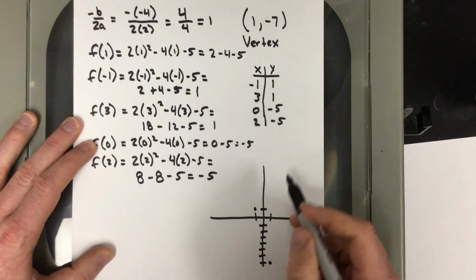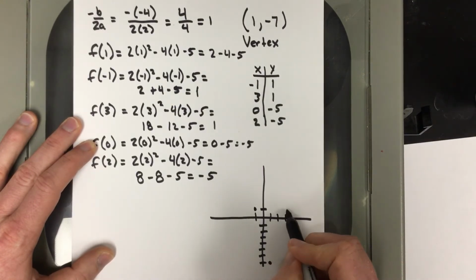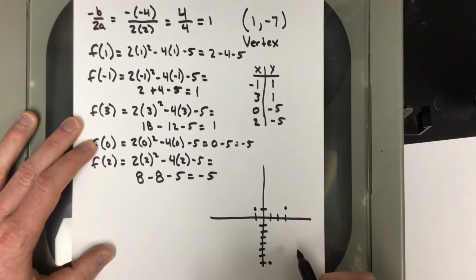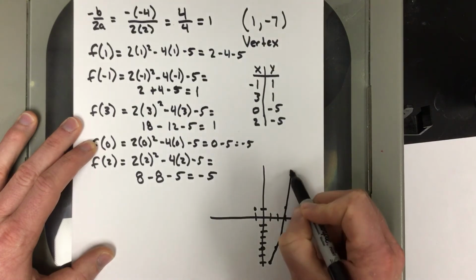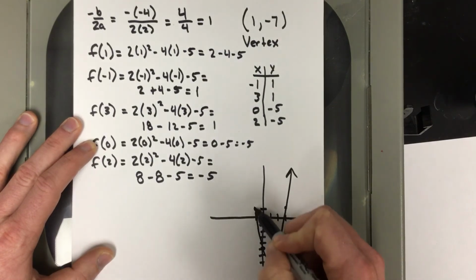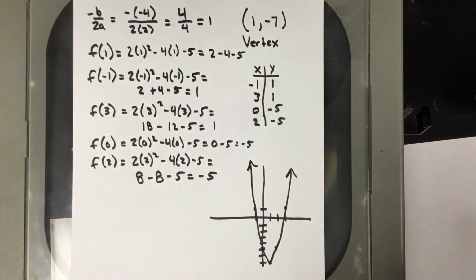I've got 3, 1, which is right here. I've got 0, negative 5, right here. And then I have 2, negative 5, which is right here. And you can see I get a parabola that looks like so. And that's how you graph a function that's in standard form.